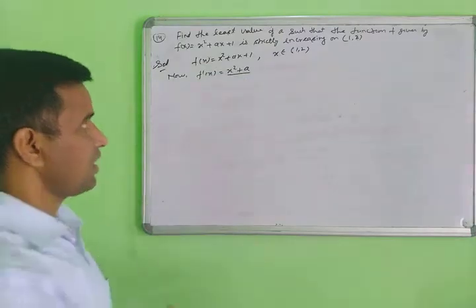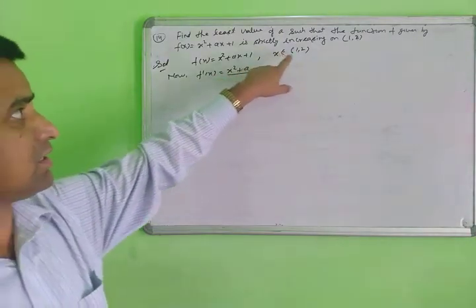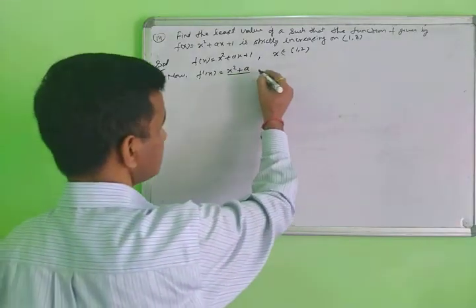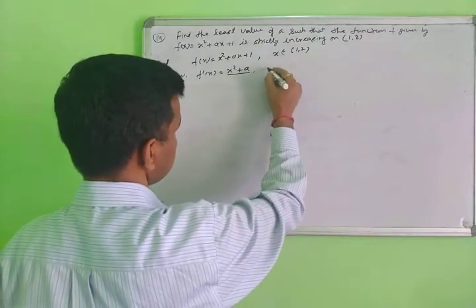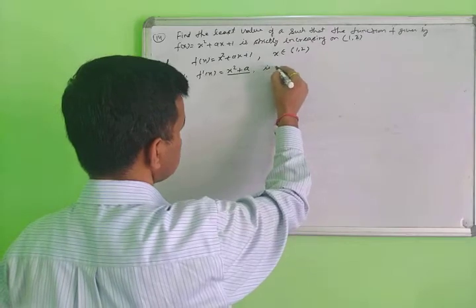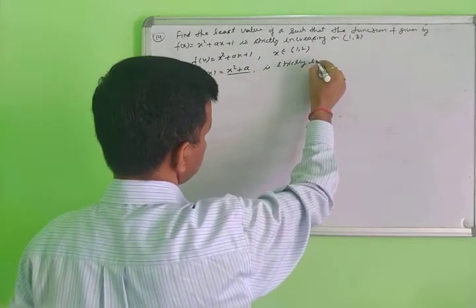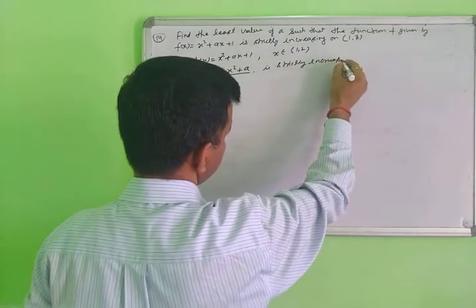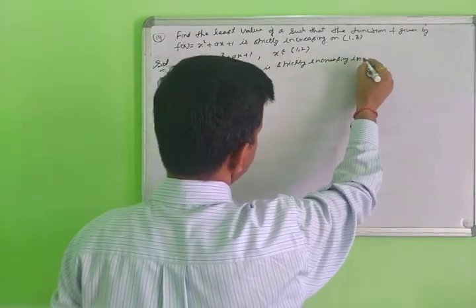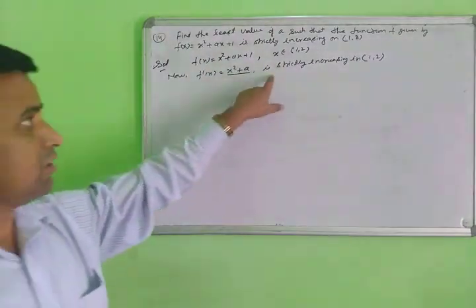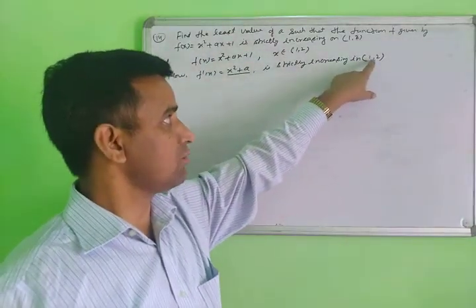This is already given as strictly increasing in the interval 1, 2, which means the value of x is more than 1 and less than 2.